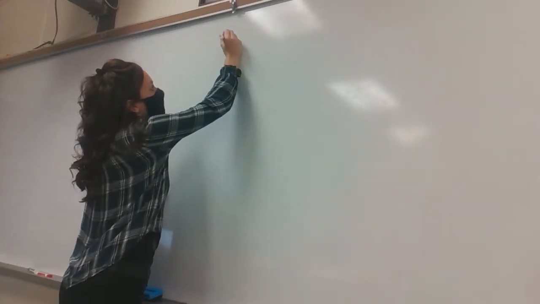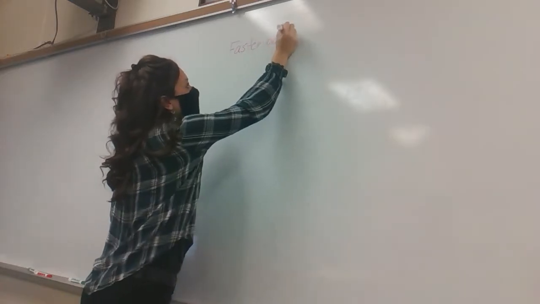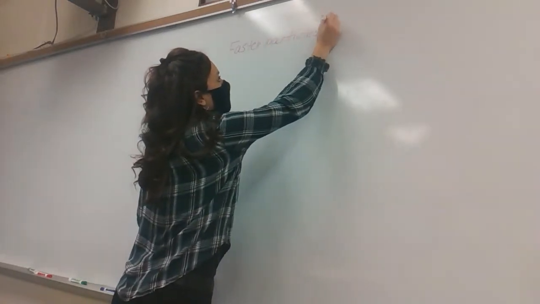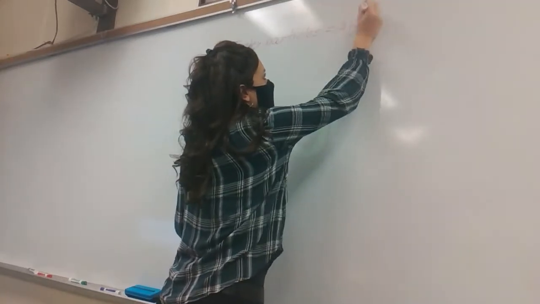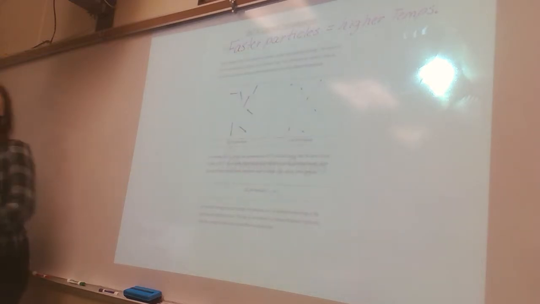So, the first thing we're going to talk about is that kinetic molecular theory idea that faster particles means higher temperatures. So when the particles move faster, they have more kinetic energy.